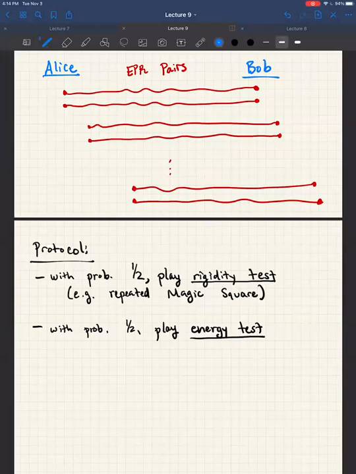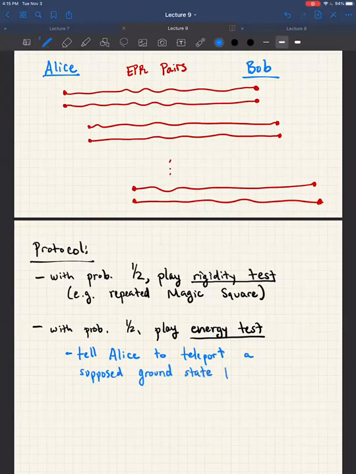The idea I mentioned last time is we want to have Alice teleport the supposed ground state over to Bob. So let's write that down. We're going to tell Alice to teleport a supposed ground state psi to Bob.